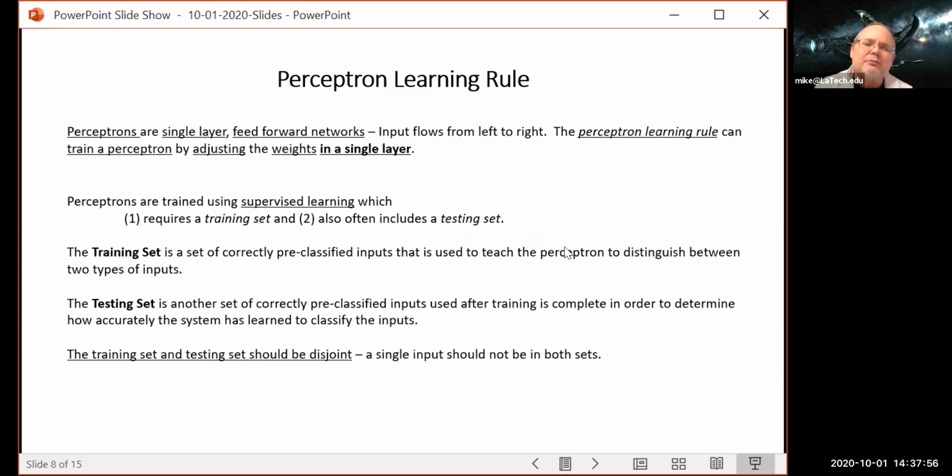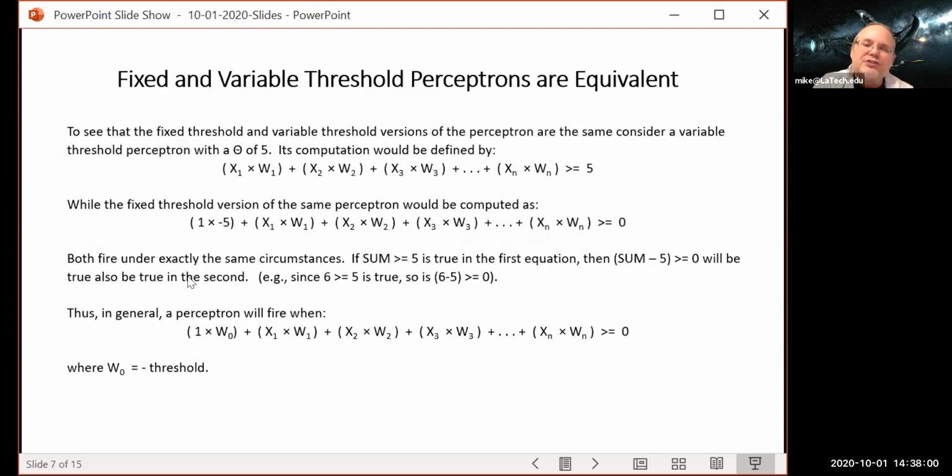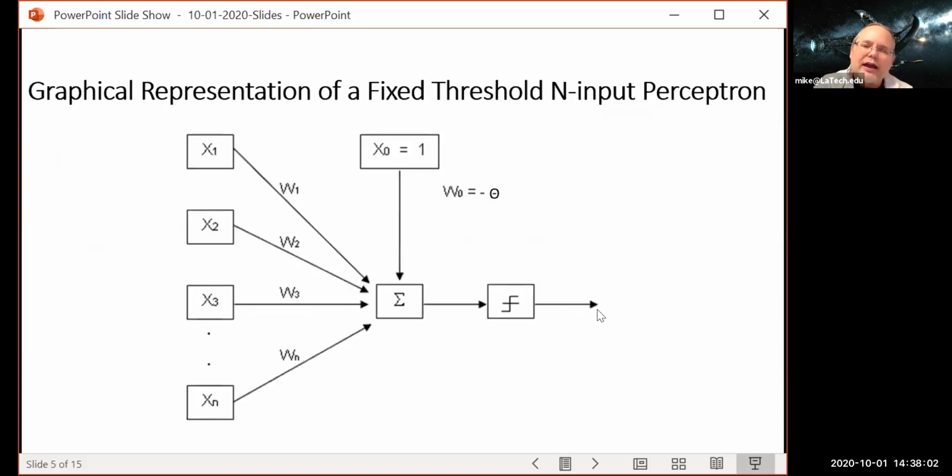inputs. Now notice I'm saying here between two types of inputs. Perceptrons have only a single output that is either a 1 or a 0. So that's the two classes, either a yes or a no, either a male or a female. Now you might say, Mike, couldn't I train a bunch of these perceptrons?